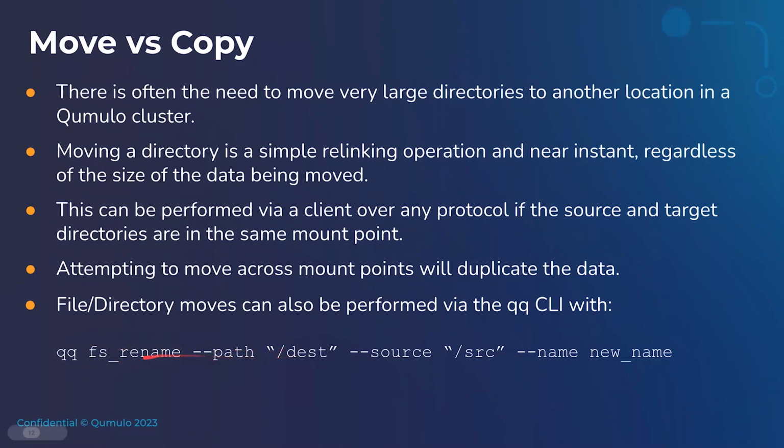You can do this behind the scenes. Move and rename is basically the same thing. You just point to the destination, give it a source and the new name, which can actually match the original name, and you're relinking everything. So it's an instant move.